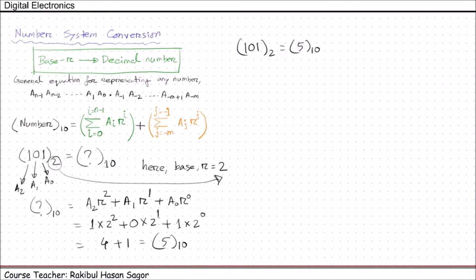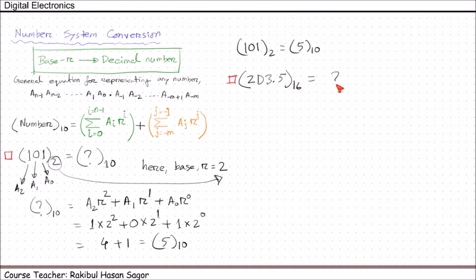Now let us see another example with a fractional part. Here we had the first example. Now we want to convert the number D23.5. We have a fractional part. This is a hexadecimal number.